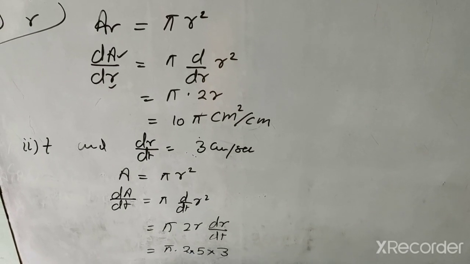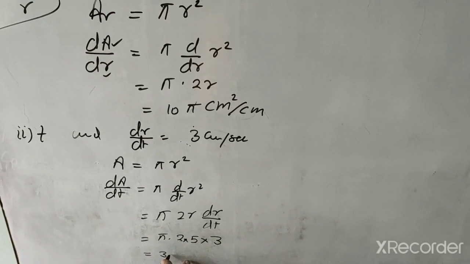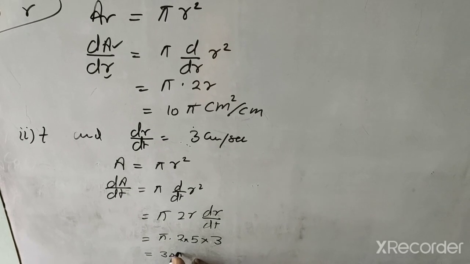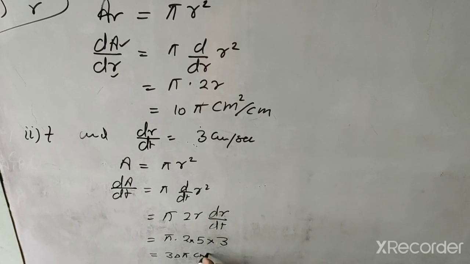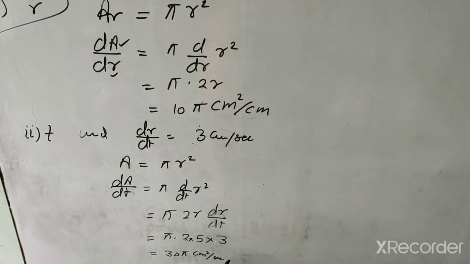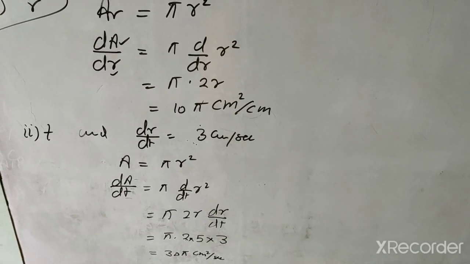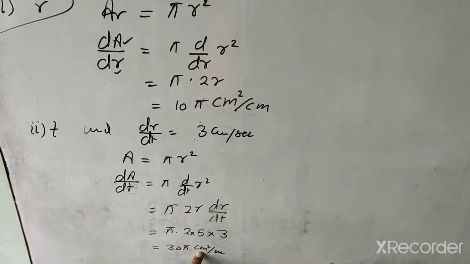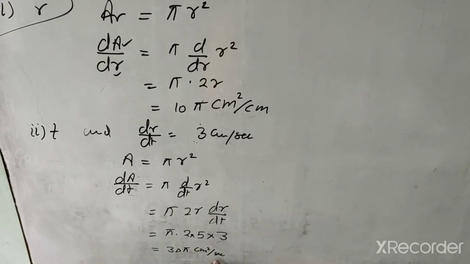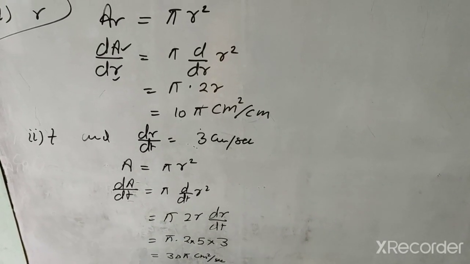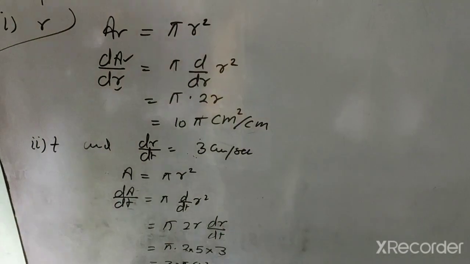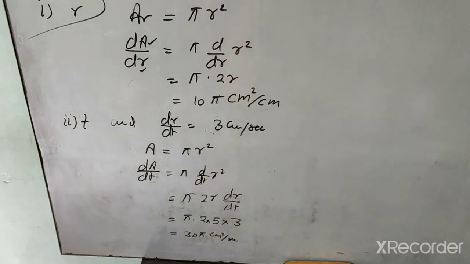So 5 into 2 is 10, 10 into 3, 30 pi centimeter square per second. Try to understand, area upon time over here. So area is with the unit centimeter square, time is with the unit second, so we get the unit centimeter square per second.